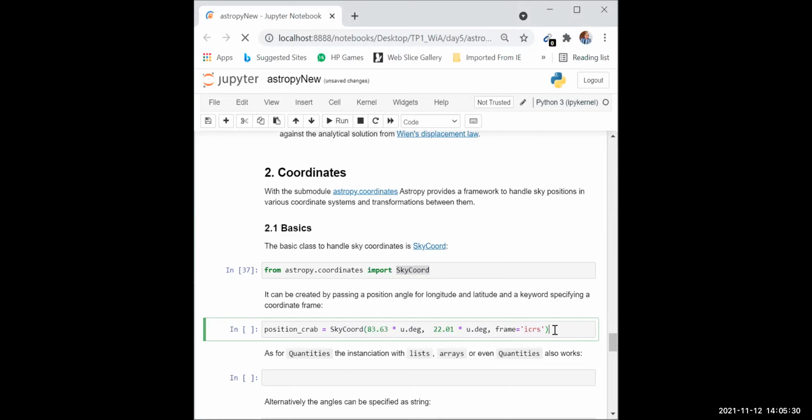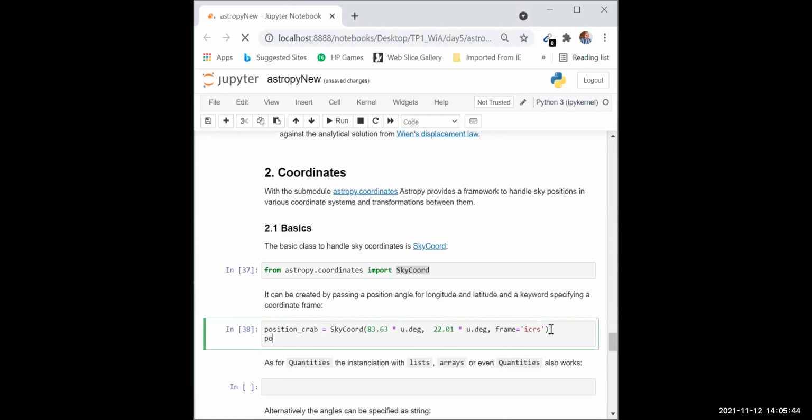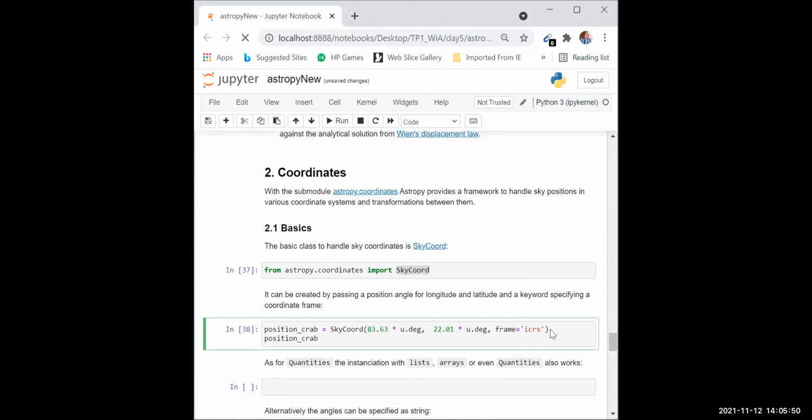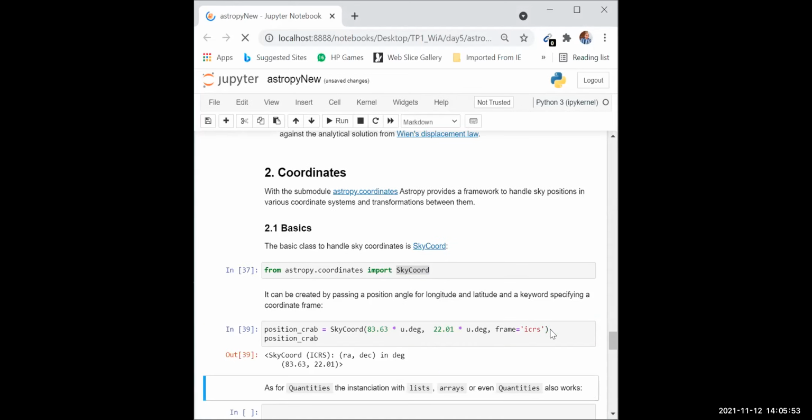Okay, and I will print what this position is. So I write position for this crab, right? If I print it, I'm getting this SkyCoord. So this ICRS is giving us RA and declination.